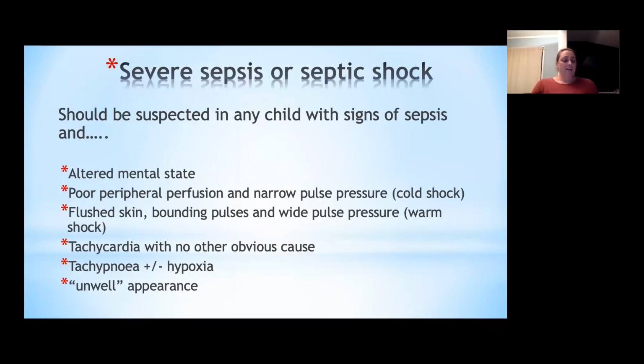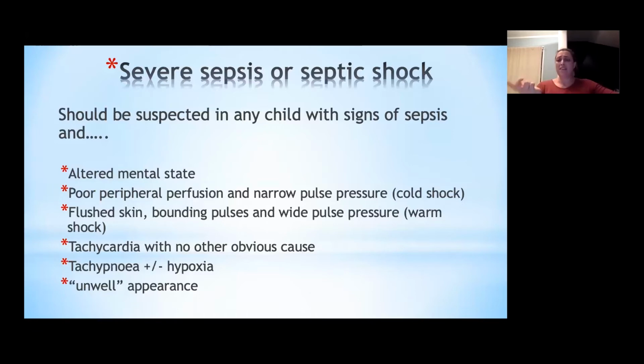Severe sepsis or septic shock should be suspected in any child with signs of sepsis who has an altered mental state, poor peripheral perfusion, and a narrow pulse pressure, which can indicate cold shock. Cold shock is also a weak and thready pulse. They've got cold hands and feet.